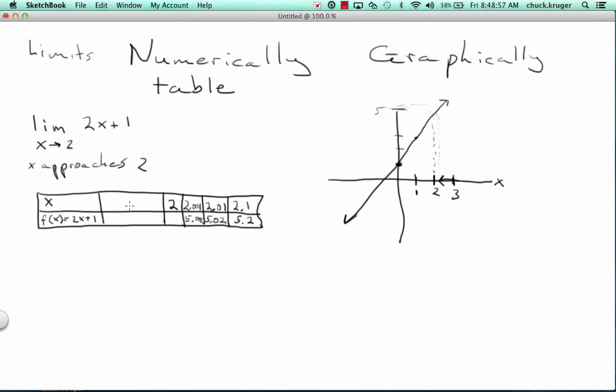Now I'm going to do the same thing from the left-hand side. But this time I'm going to have numbers smaller. So I'm going to start out with 1.9, 1.99, 1.999. So again, they're very close to 2, but they're not 2. If I put those values in there and multiply by 2 and add 1, I'm going to get 4.8.